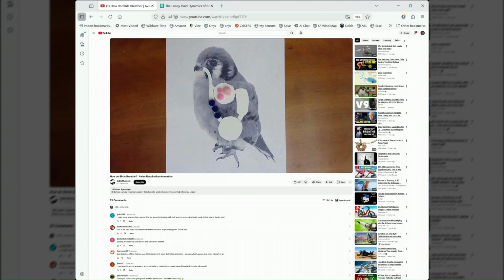One thing to keep in mind is these don't have independent muscles coordinating with each other, opening individual sacs and closing sacs. This is a very passive system. All of these air sacs are in this cavity of the bird.